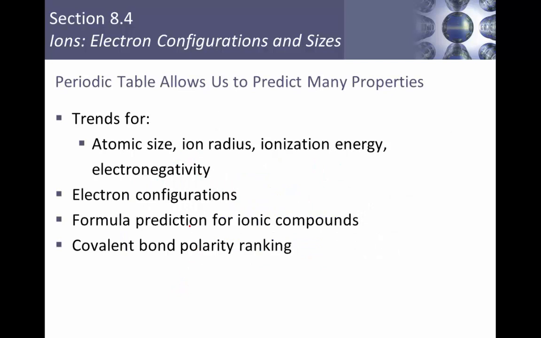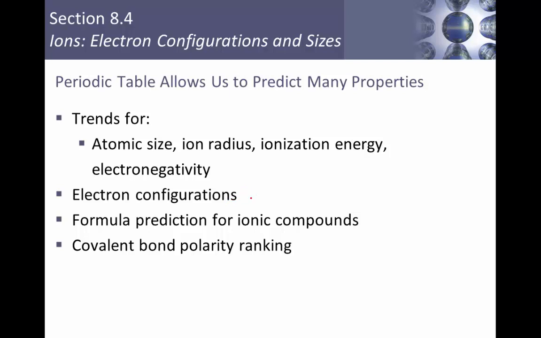All right, so kind of a summary here. The periodic table lets us predict a lot of things, like we know all the different trends. We've got the atom size, the ion radius now, the ionization energy, electronegativity, metallic character. We can write electron configurations now just from where the elements are on the periodic table.